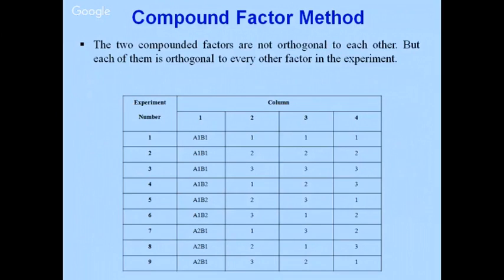I am using this L9 orthogonal array to study 1, 2, 3, 4, 5 factors. Of course, 2 with 2 levels and 3 with 3 levels. So that is how it is done. But this last method is best avoided because it results in errors.